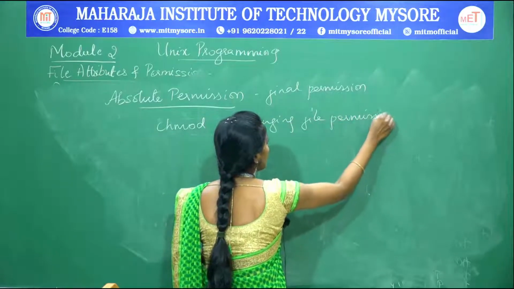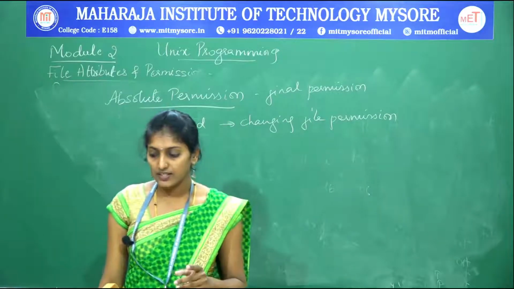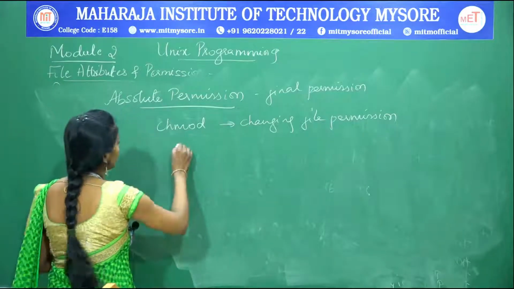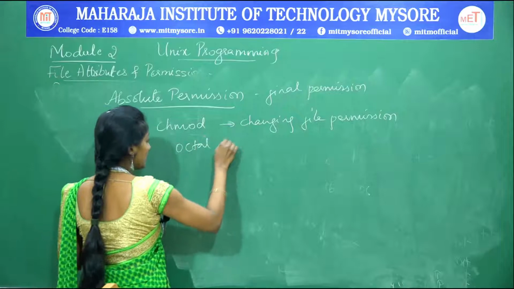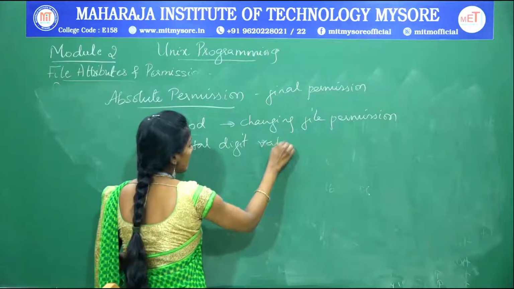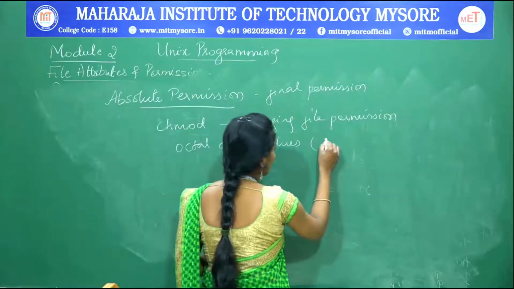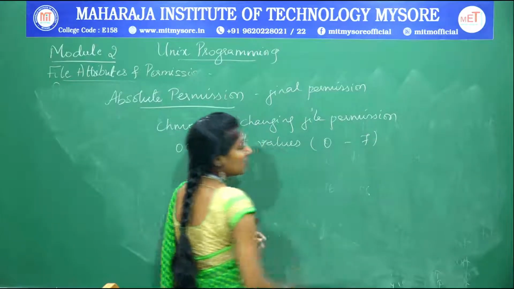You can change your file permission with the final thing here by using an octal number, octal digit values, which are represented from 0 to 7.